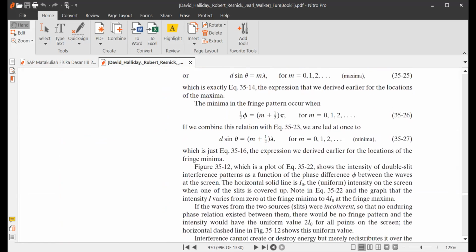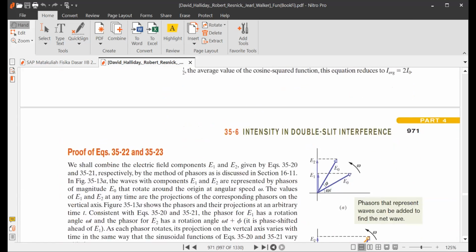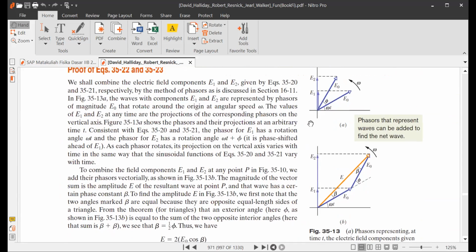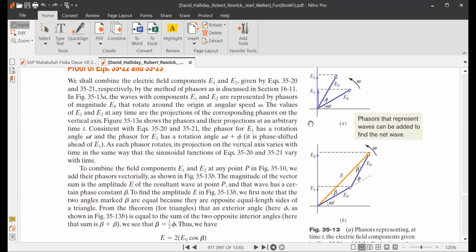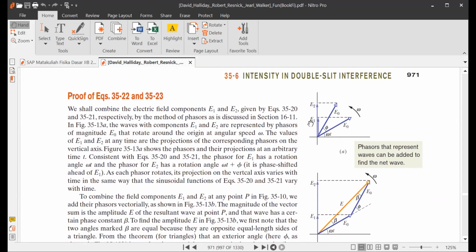This is the derivation of this two-slit experiment. So this is the alternative derivation using the phasor diagram. This is basically the two slits, the waves from two slits. They have different phase phi here.